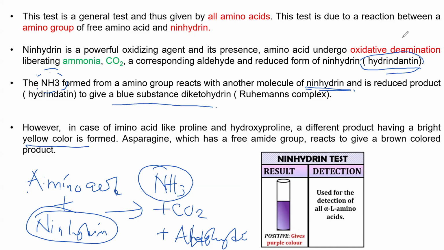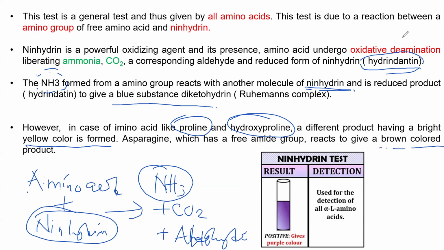However, in the case of amino acids like proline and hydroxyproline, a different product having a bright yellow color is formed. So when proline and hydroxyproline react with ninhydrin, they form a bright yellow color. But in the case of asparagine, because it has a free amide group, it will react to produce a brown colored product.